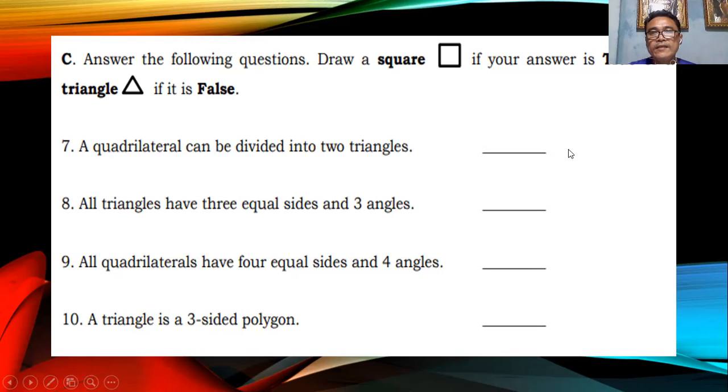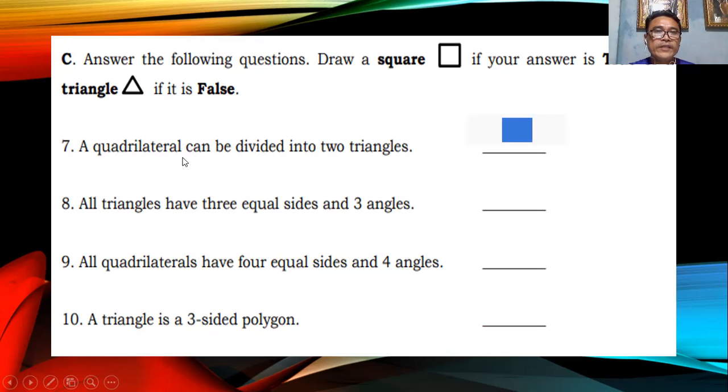Okay, let's check. What is your answer? Number 7, a quadrilateral can be divided into 2 triangles. The answer is square. So this is true.